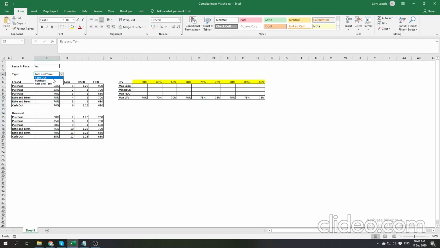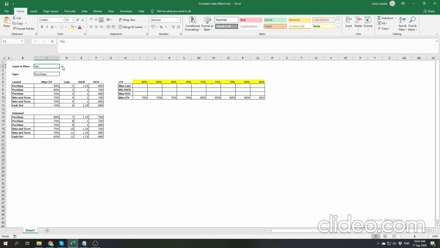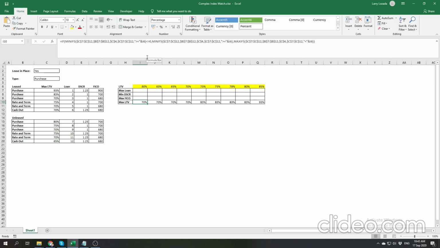So this works. So how about if this is no? So we need to add another if statement, right? Let's just include the if statement here.